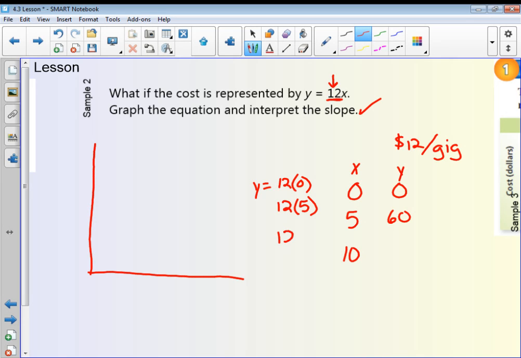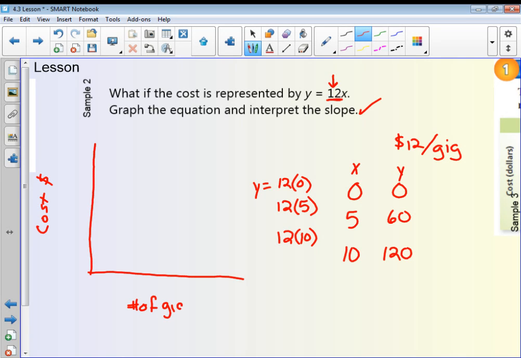And then 12 times 10 is going to give me 120. The bottom of my graph, this was our cost in dollars, and this was our number of gigabytes.